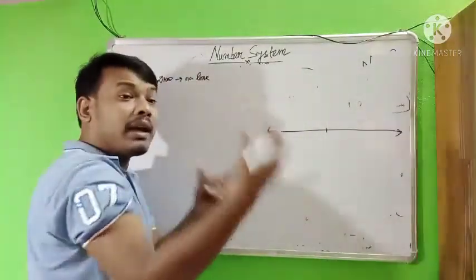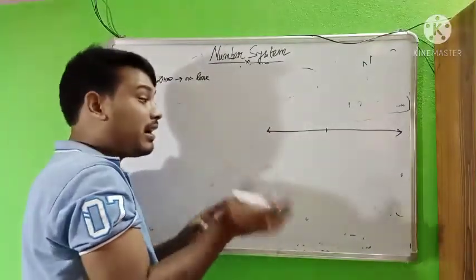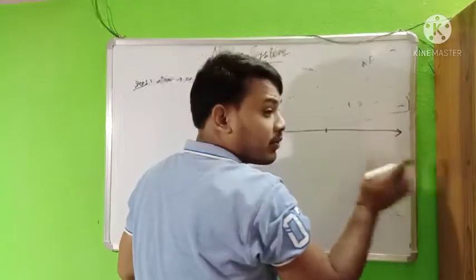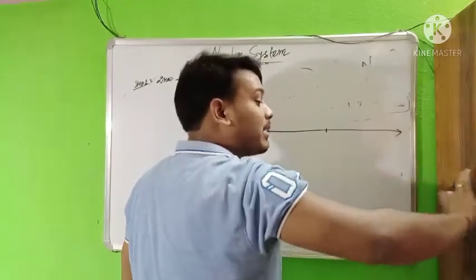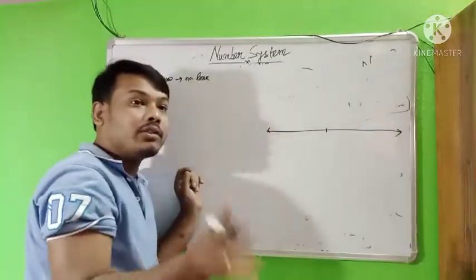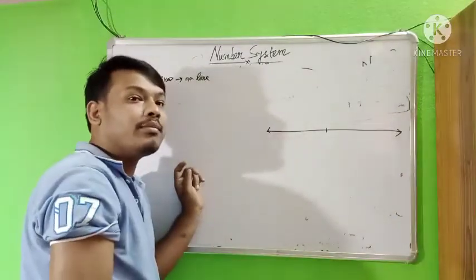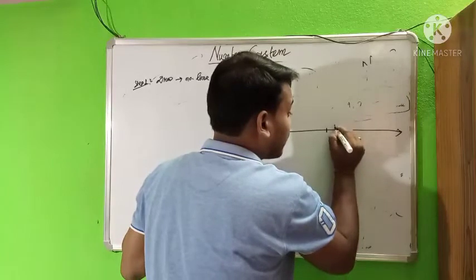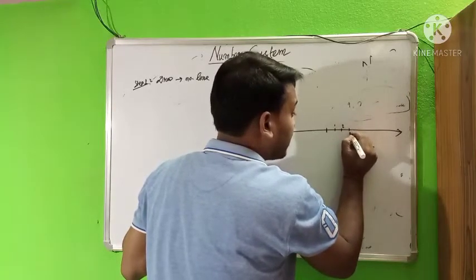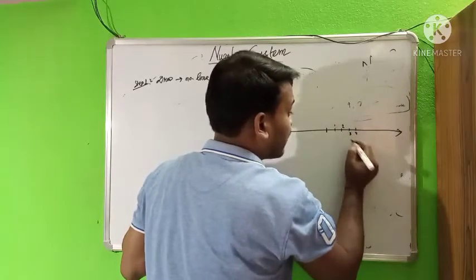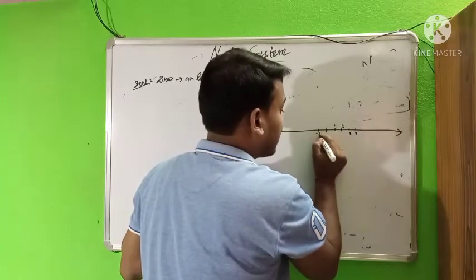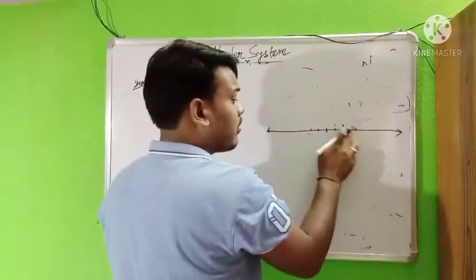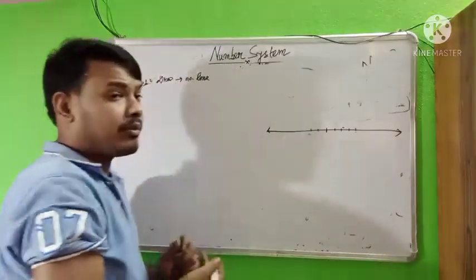There are infinitely many, uncountably many real numbers, so it is not possible to mark every real number on the number line. So we only put 1, 2, 3, 4, and -1, -2, -3, this type of values.